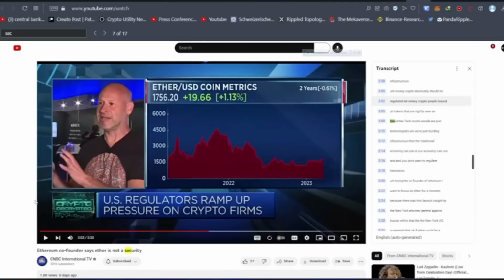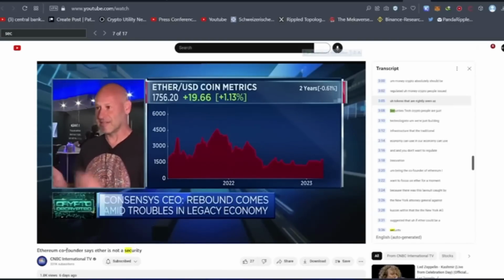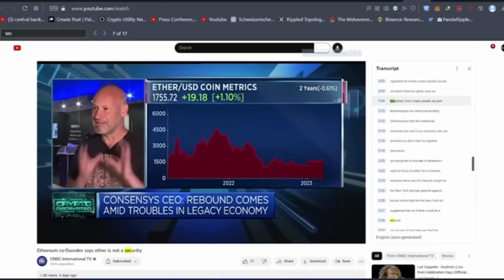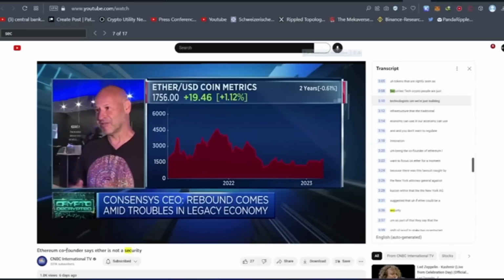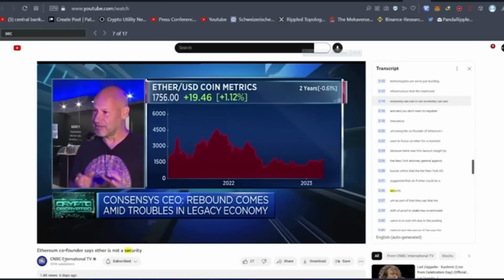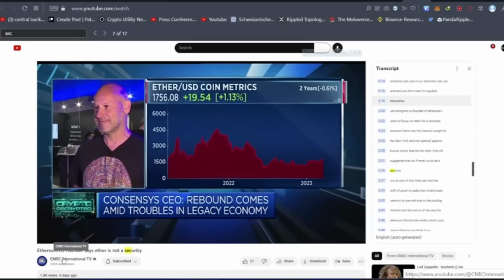This is Joe Lubin talking about Ethereum. Money crypto people issued tokens that are rightly seen as securities. Tech crypto people are just technologists. We're just building infrastructure that the traditional economy can use, and you don't want to regulate innovation.